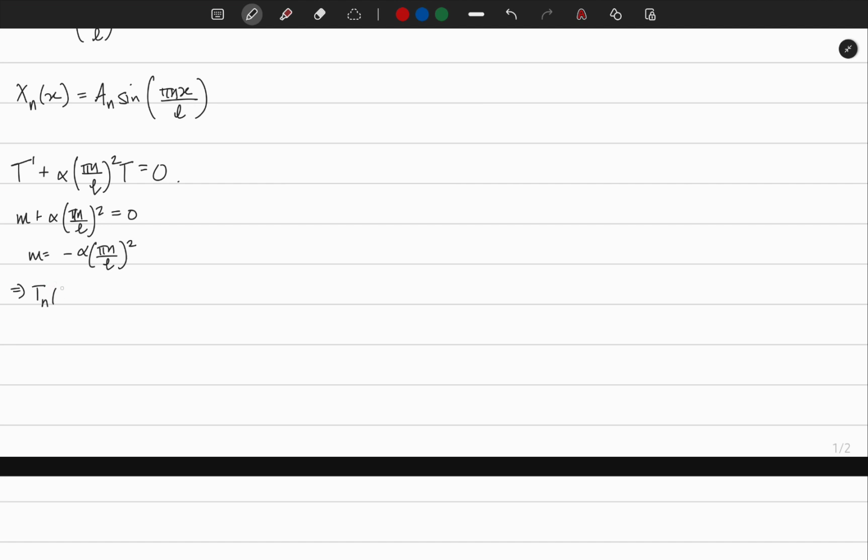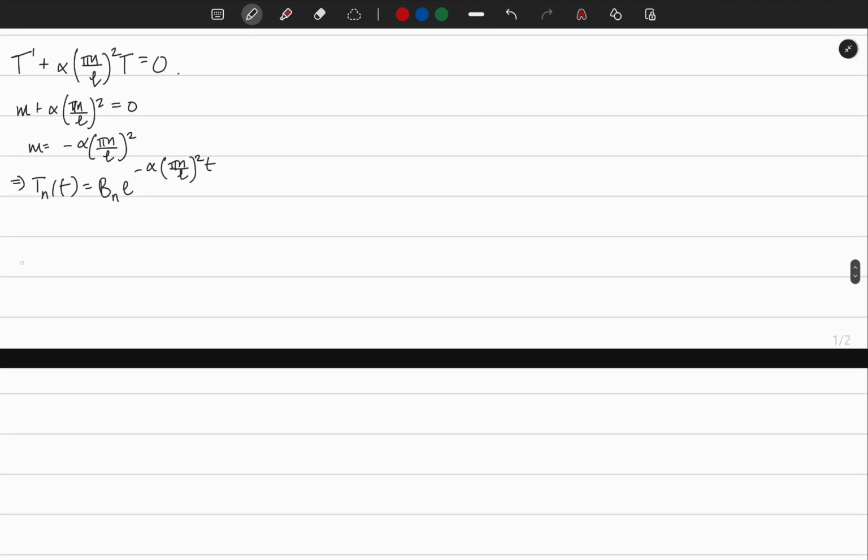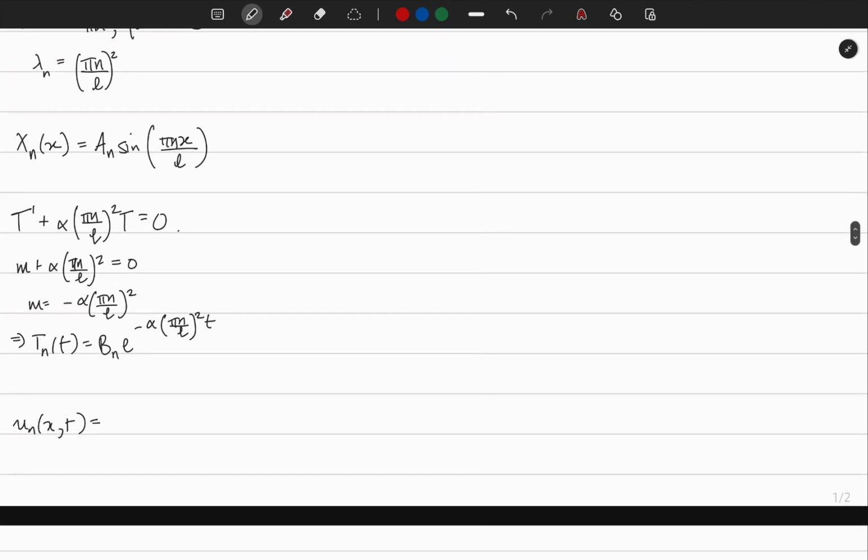Which in turn means that T_n of t, the solution for the t equation, will be some constant B_n times e to the minus alpha (pi n over L) squared t. Or in other words, since we have X_n and T_n, u_n of x,t will be their product, so a_n sine of pi n x over L times b_n e to the minus alpha (pi n over L) squared t.